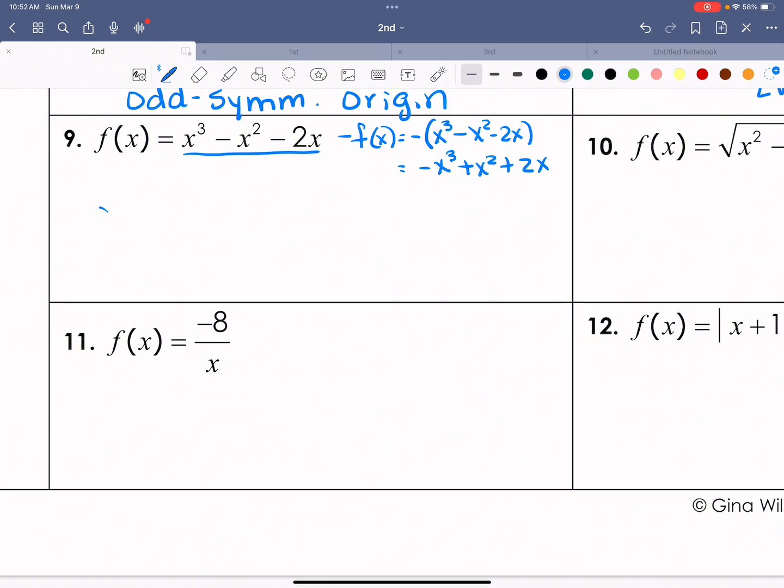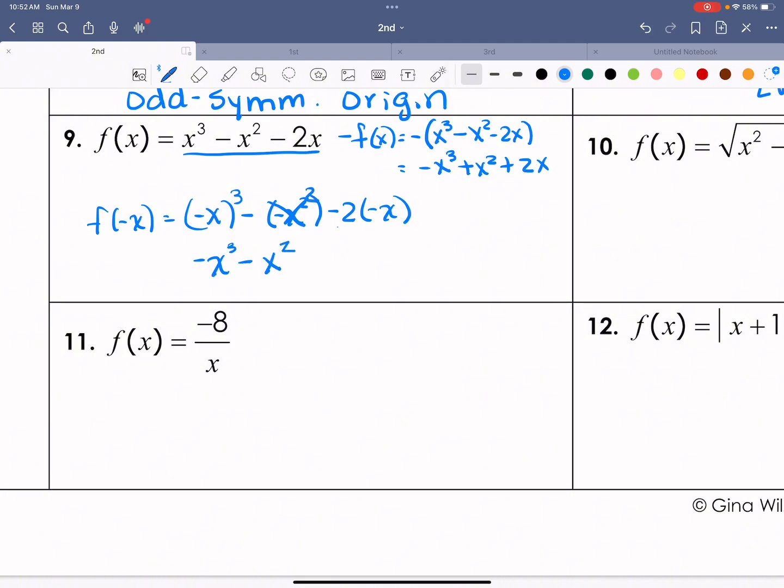Now let's substitute negative x into our original. So I have negative x cubed minus negative x squared minus 2 times negative x. And let's simplify. A negative cubed is negative x cubed. A negative squared makes positive x squared, so that's going to be minus x squared.